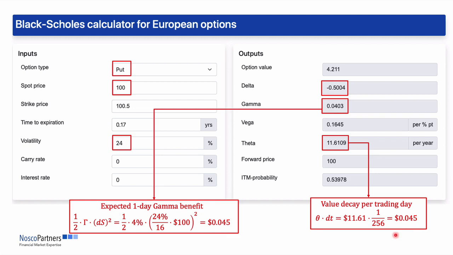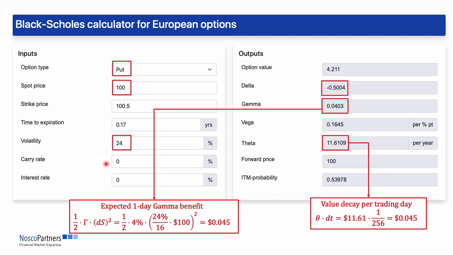At this point, a note for experts. My example was a little bit simplified in that the carry rate was 0. So that means it costs me nothing to carry the underlying, and that also implies it costs me nothing to carry the delta hedge.